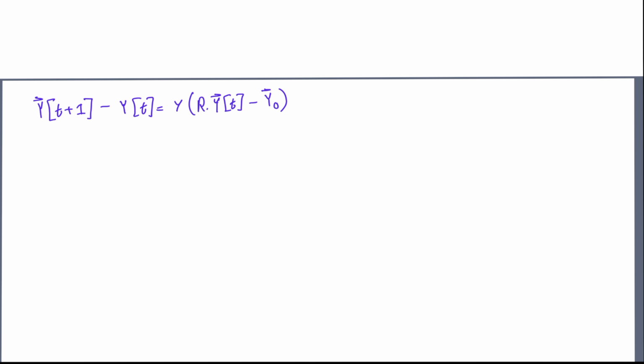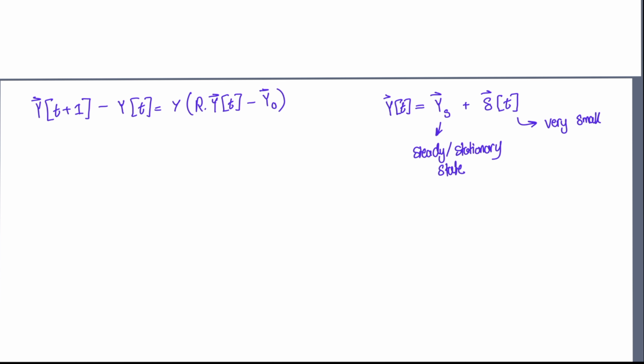And we are also given the equation yt is equal to ys, which is our steady or stationary state, plus delta t, which just stands for a very small change.